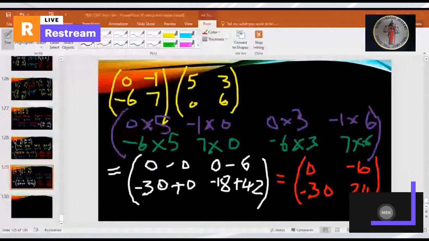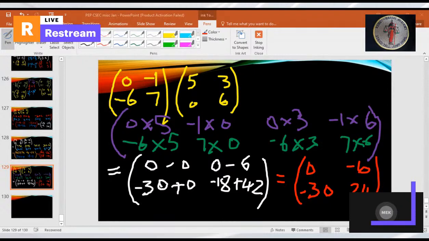More likely, the way you're likely to see it in the exam is a combination, where you're going to see a scalar times a matrix plus another scalar times a matrix. So let's do an example of that.